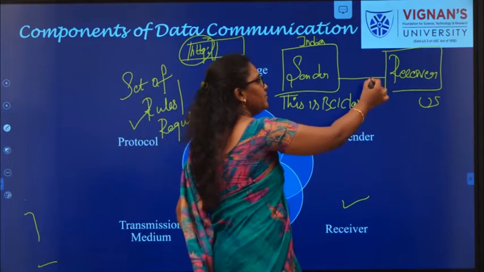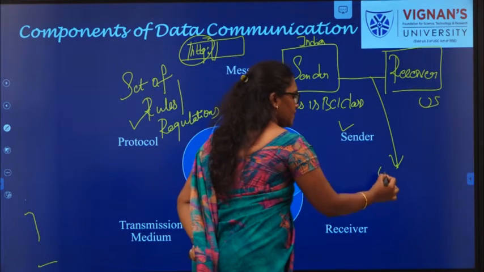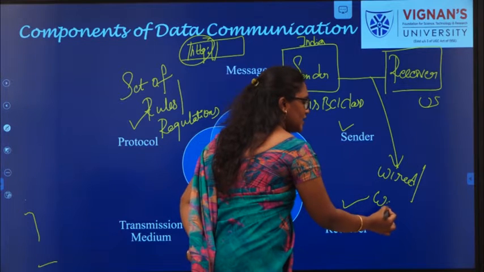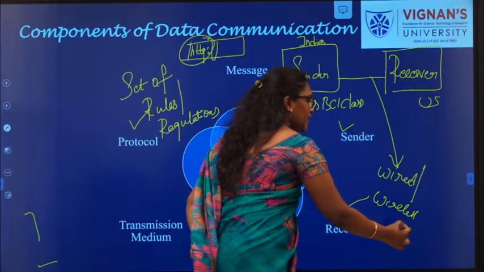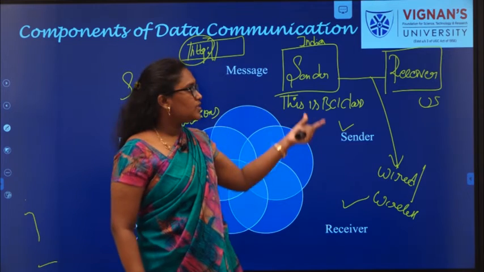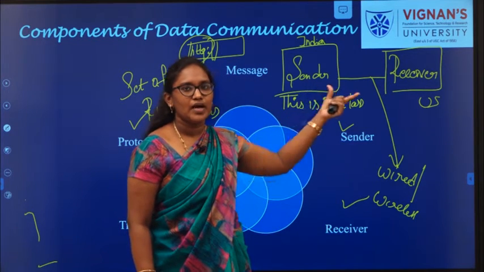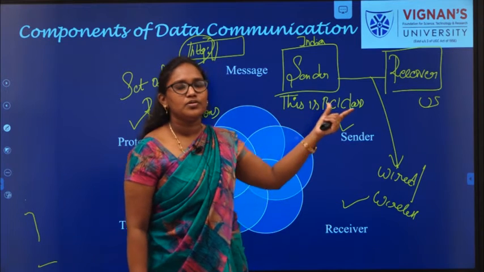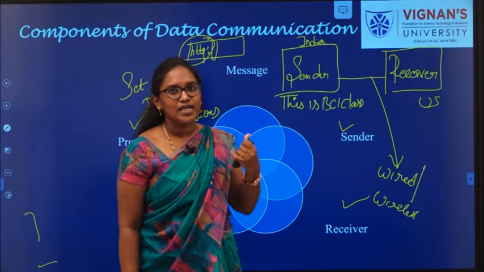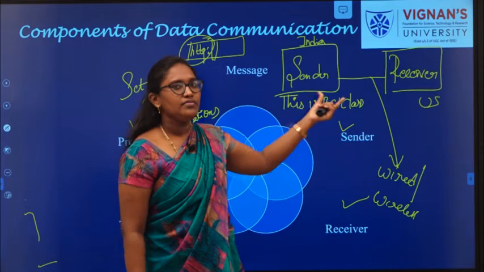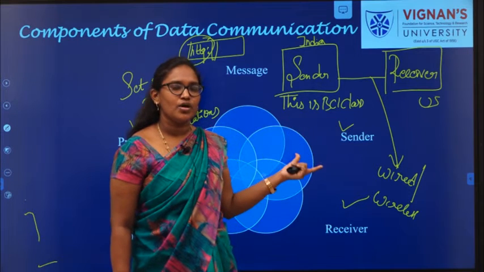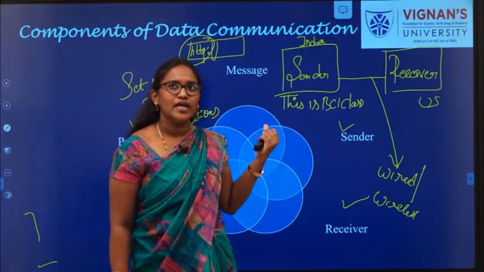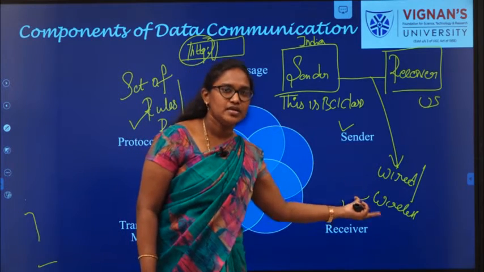With the help of wired or wireless, that means a wired medium or a wireless medium. When two people want to talk over normal telephones, the wire will act as a medium. If they want to talk on mobile phones, then the wireless signal will act as a medium.